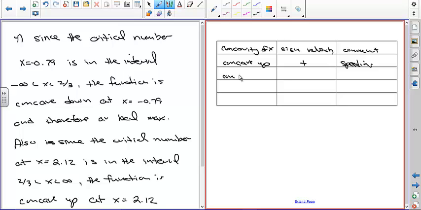If you're concave down and your velocity is positive, then you're slowing down. If you're concave down and your velocity is negative, then you're speeding up. You're getting faster in terms of magnitude. And the final one is if you're concave up and your velocity is negative, then you're slowing down.